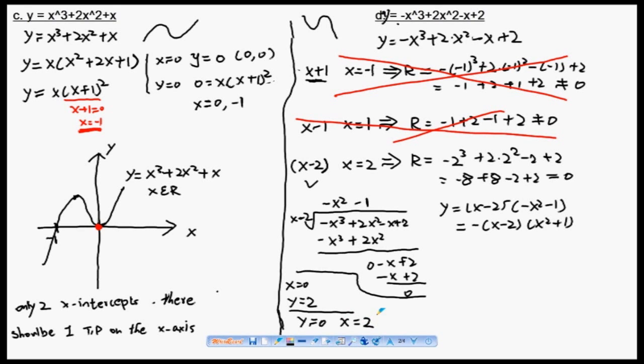That's the only x-intercept we have, because when 0 equals minus x minus 2 times x squared plus 1, x can only be 2.